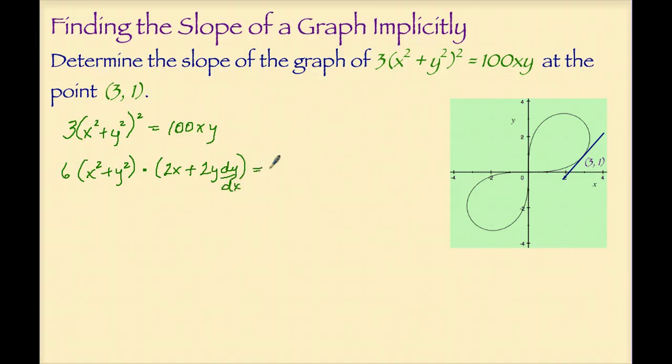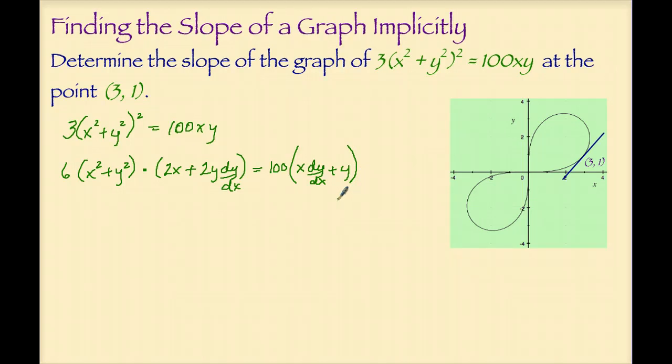On the right side, we have 100, and I'll leave that outside parentheses and use the product rule on xy. x times the derivative of y, which is just going to be 1 dy/dx, plus y times the derivative of x, which is 1 dx/dx, not needing to attach that differential.